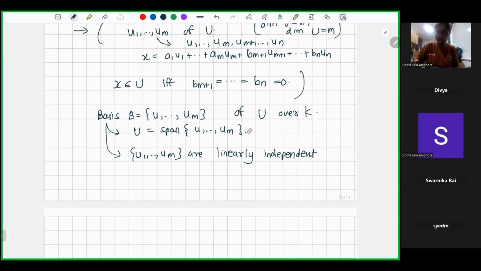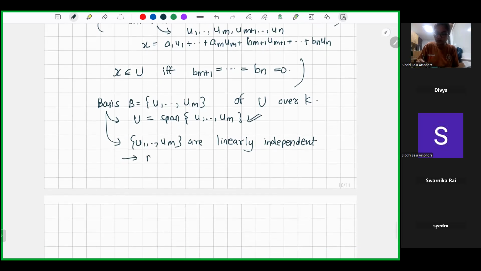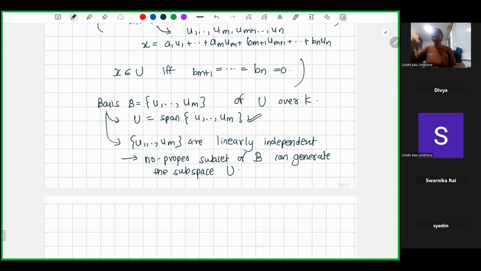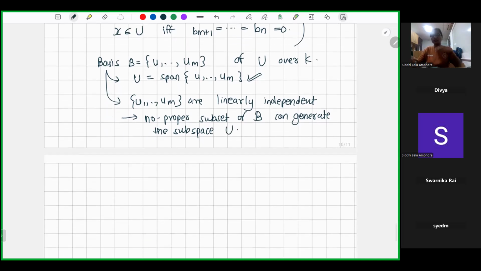And this span is okay, but linear independence can also be looked at as saying that no proper subset of B can generate the subspace U. And we can see that from the exercises which we did during the last tutorial.